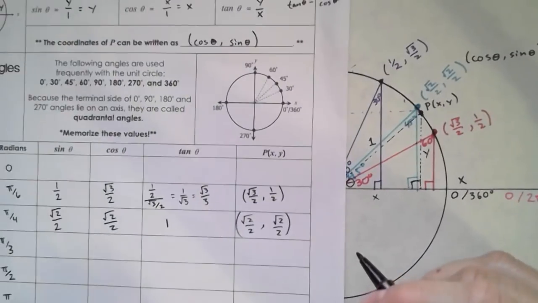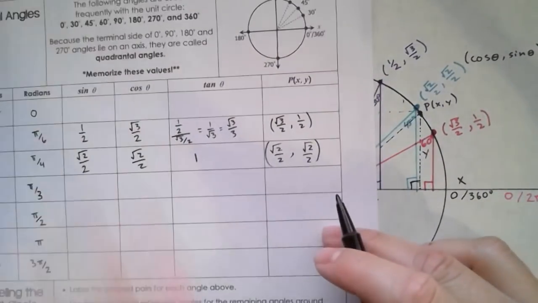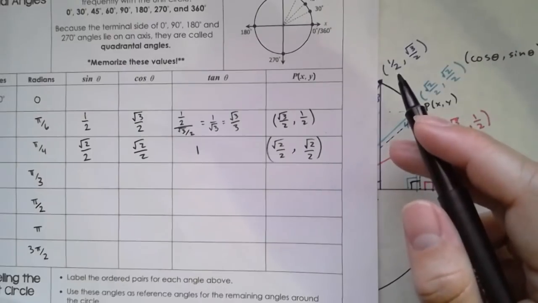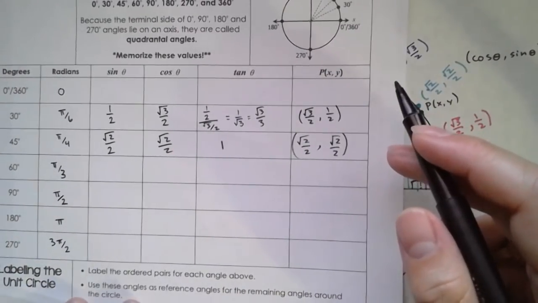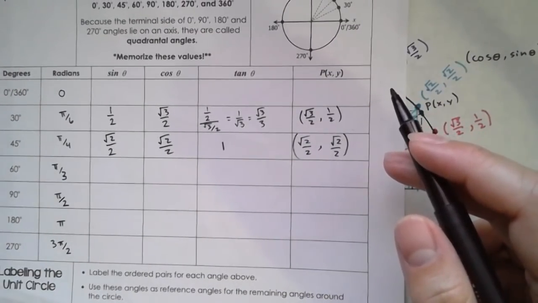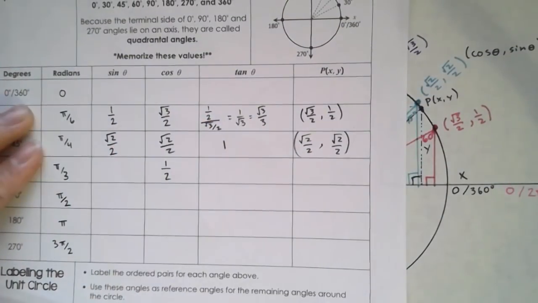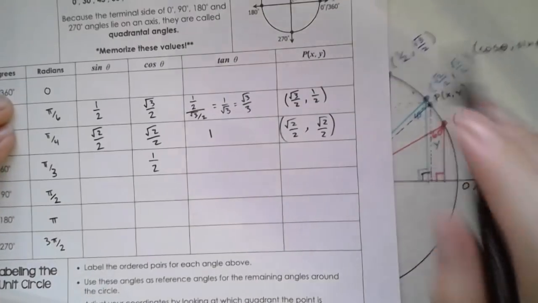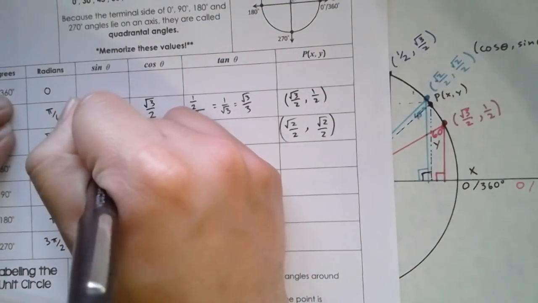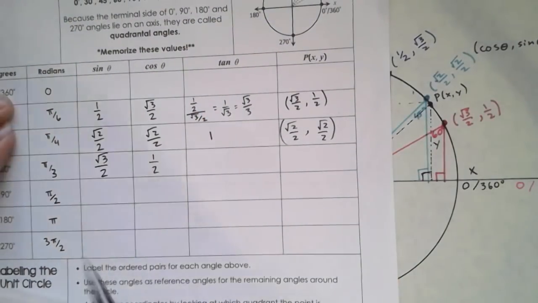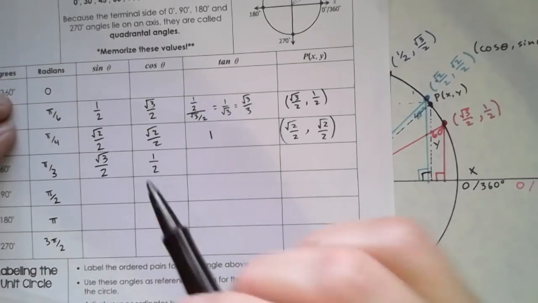And then we just did 60 degrees. We saw that cosine of 60 was a half. So right here. And we saw that the sine of 60 was radical 3 over 2. Okay, don't get confused and put them in the wrong boxes here.